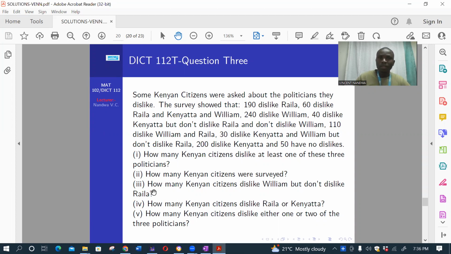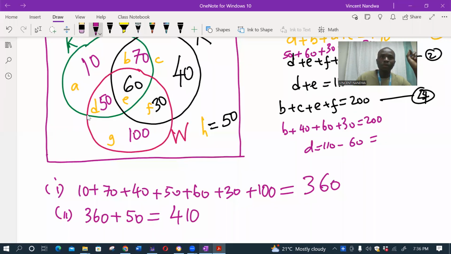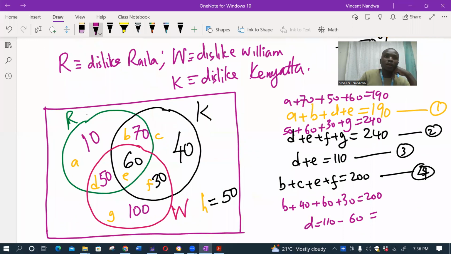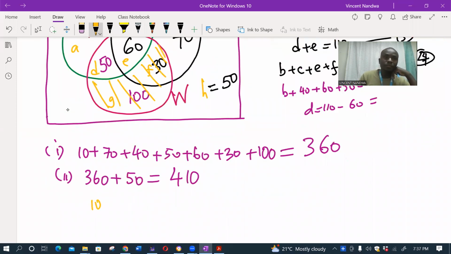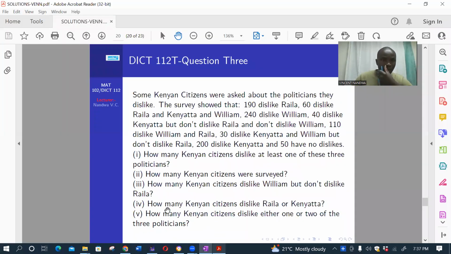How many Kenyan citizens dislike William but don't dislike Raila? So you are in W, but you shouldn't be counted to be in set R. So you are in these parts: G plus F, which is 100 plus 30, which is 130. And then next part, how many Kenyan citizens dislike Raila or Kenyatta?